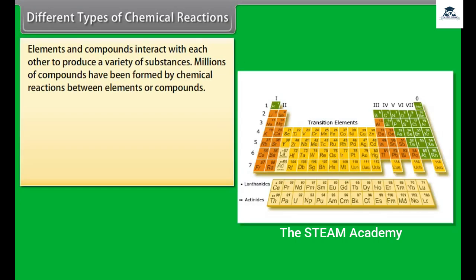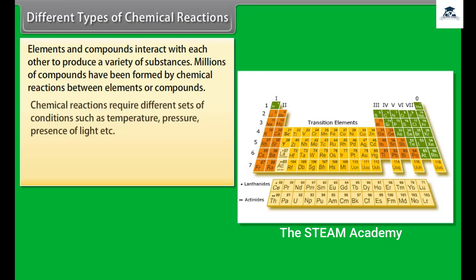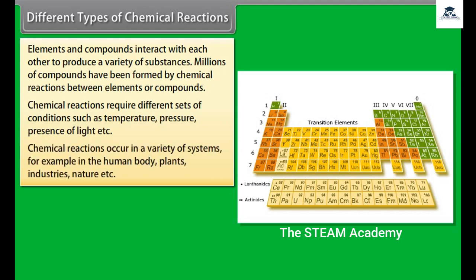Different types of chemical reactions. Elements and compounds interact with each other to produce a variety of substances. Millions of compounds have been formed by chemical reactions between elements or compounds. Chemical reactions require different sets of conditions such as temperature, pressure, presence of light, etc. Chemical reactions occur in a variety of systems.